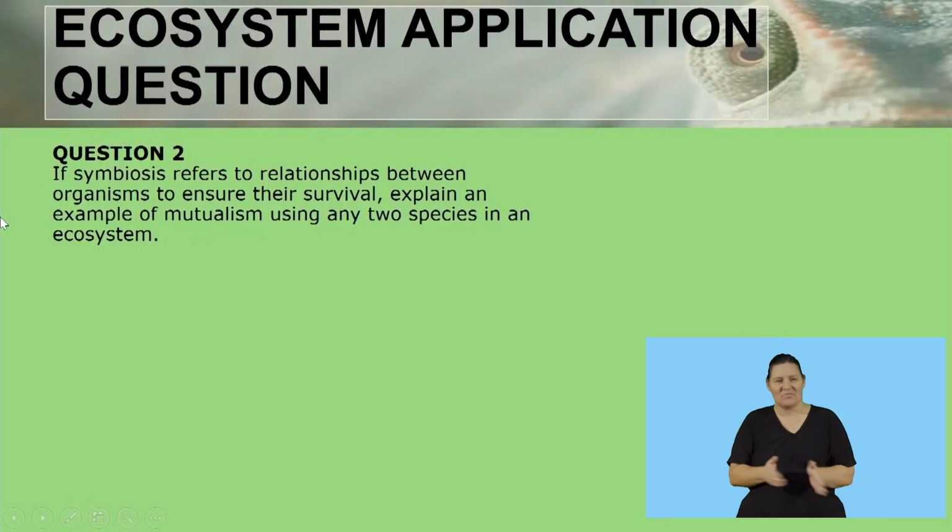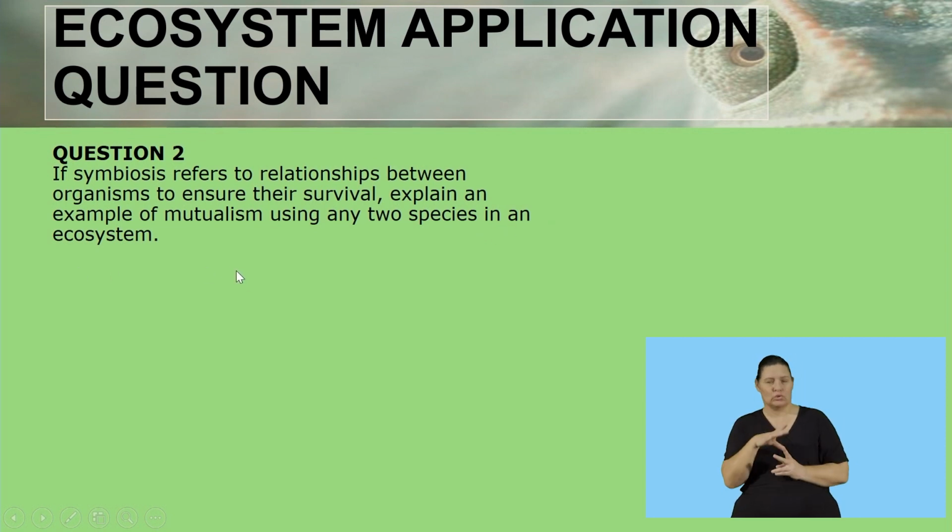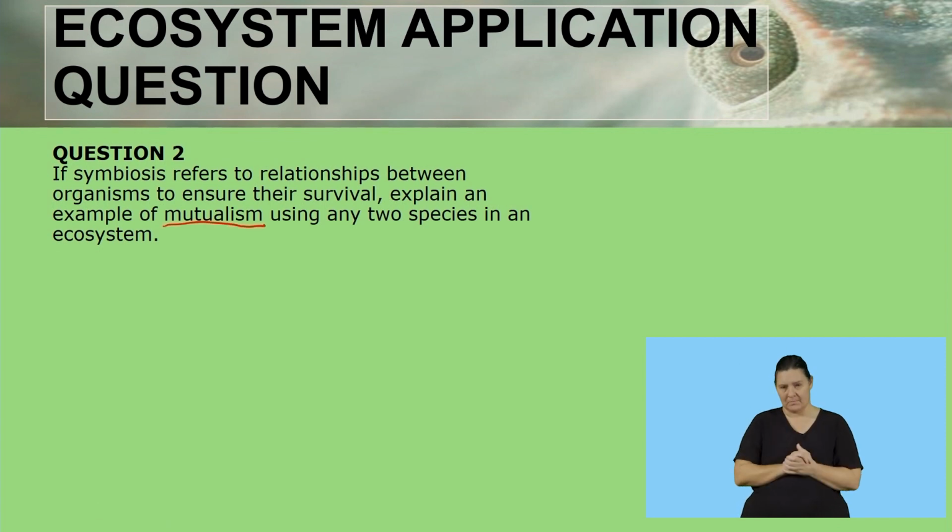Moving on to question 2. If symbiosis refers to the relationship between organisms to ensure their survival, explain an example of mutualism using any two species in an ecosystem. So here you are going to choose any two species that have a mutualistic relationship.